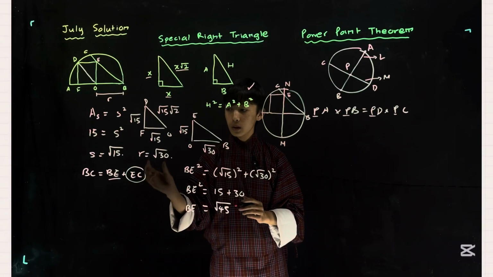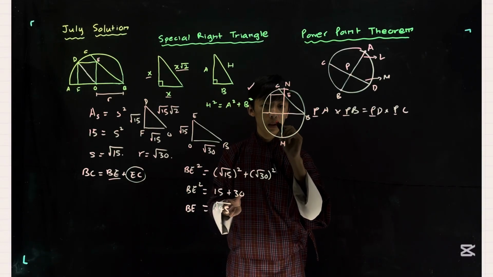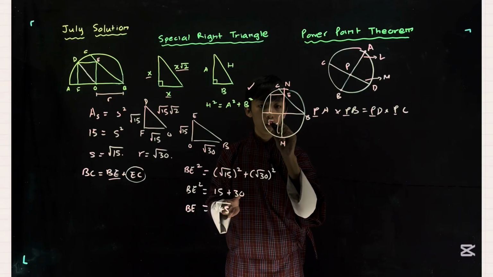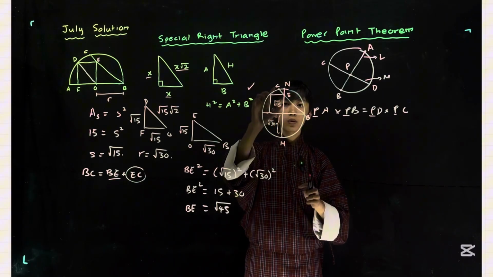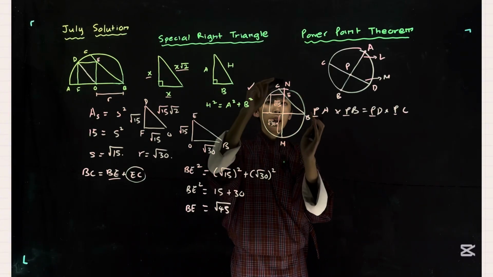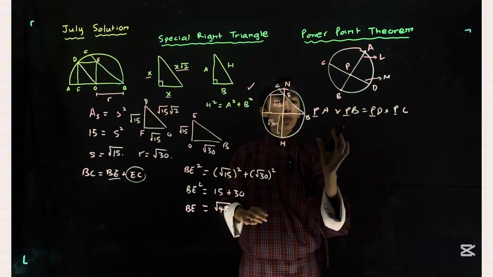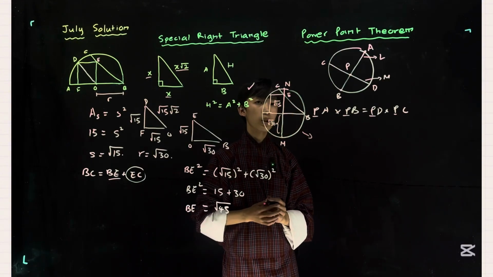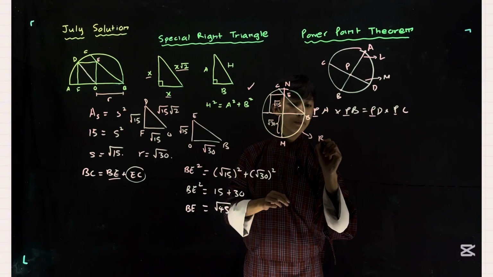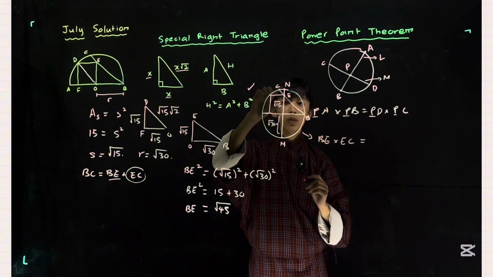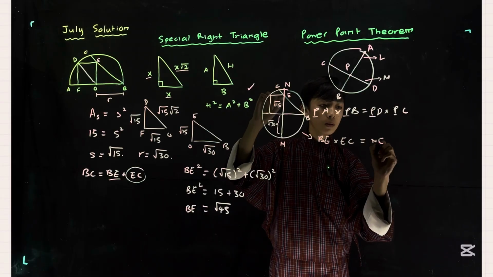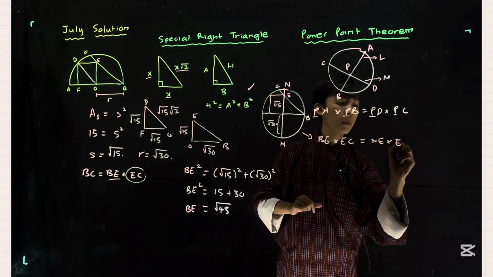So we know the radius of the circle, that's root of 30. This is the side length of the square, that's equal to root of 15. So we have two lines now, line MN and BC. So we can use this power of a point theorem to come up with another formula, that is B to E times E to C is equal to N to E times E to M.